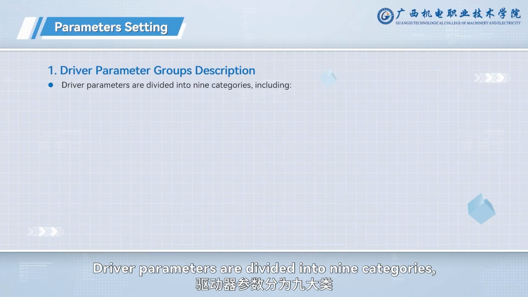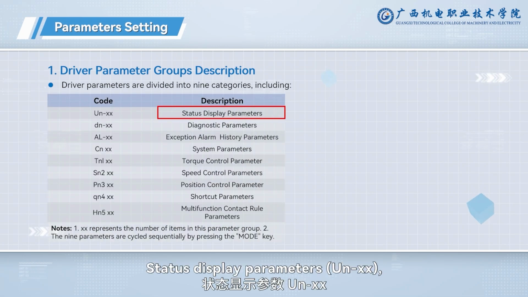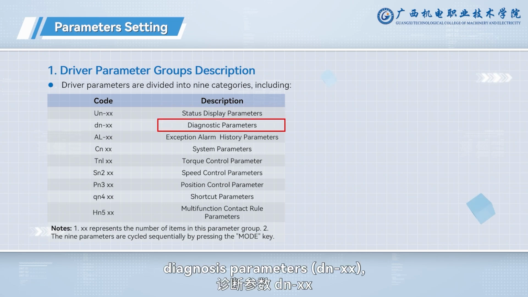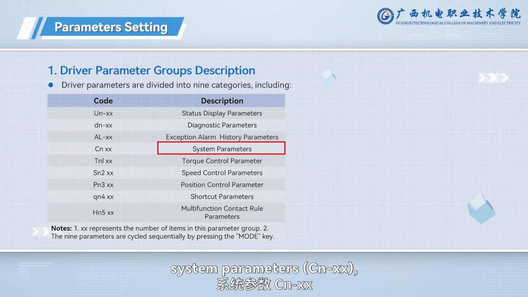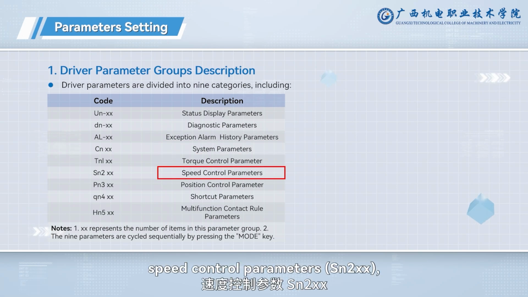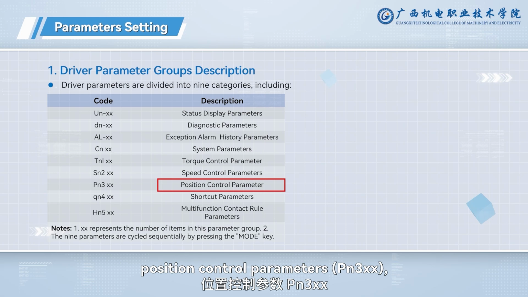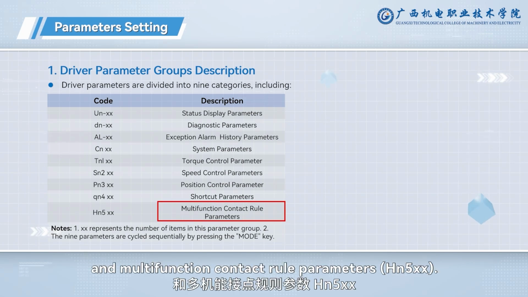Driver parameters are divided into 9 categories, including status display parameters, ON-XX, diagnosis parameters, DN-XX, abnormal alarm history parameters, AL-XX, system parameters, CN-XX, torque control parameters, TN1-XX, speed control parameters, SN2-XX, position control parameters, PN3-XX, shortcut parameters, QN4-XX, and multifunction contact rule parameters, HN5-XX.